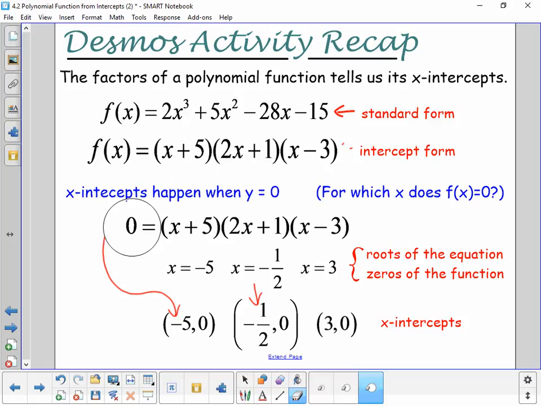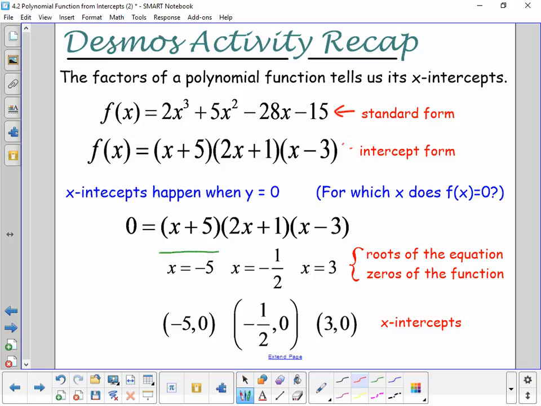Not just the intercepts, though. It also tells us some other things, and they're, again, all really closely related, but when we think about each of those factors, each factor corresponds with a solution, sometimes called roots or zeros of a function.